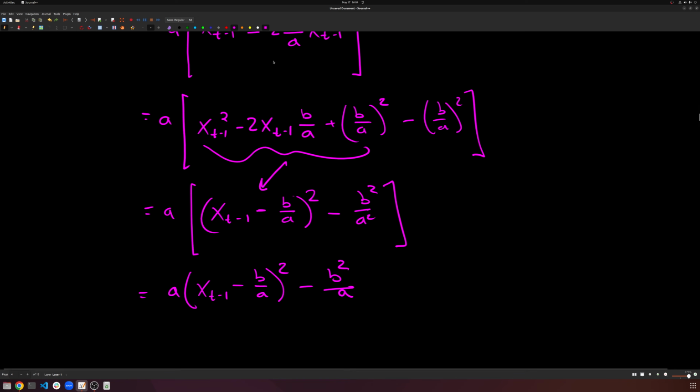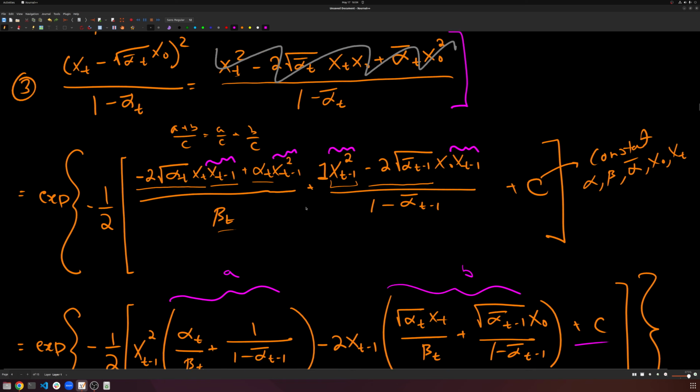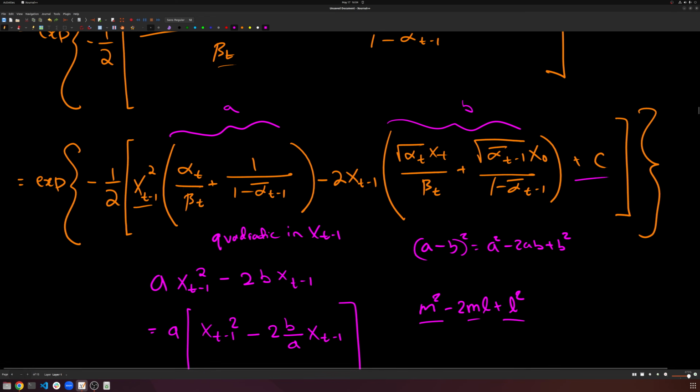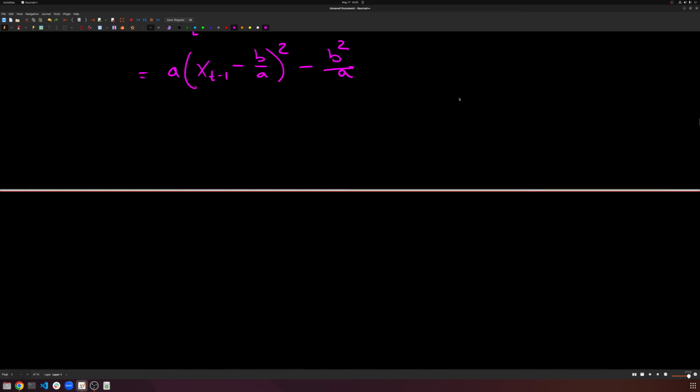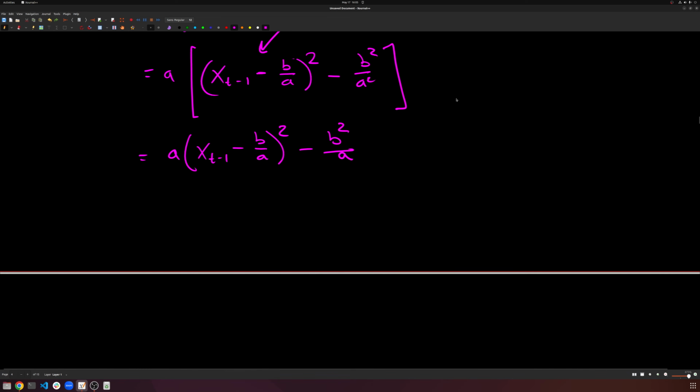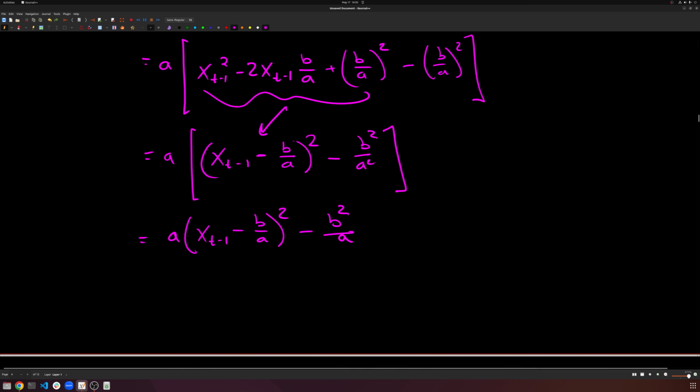Now let's remind ourselves, what were a and b? A is made of a bunch of alphas and betas. Okay, so everything in A is a constant. And B is made of alphas, betas, alpha hats, and it's made of xt and x0, which are given to us, so they're also constant. If you remember, there's technically a plus c here as well, some constant we never cared about.